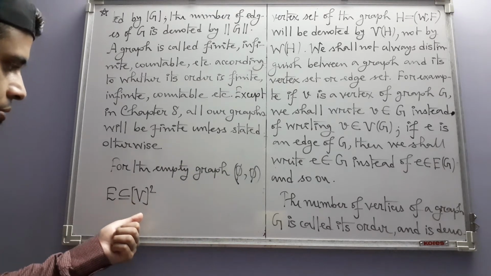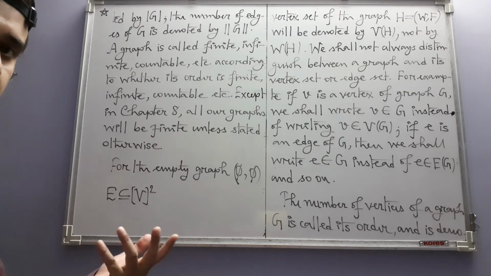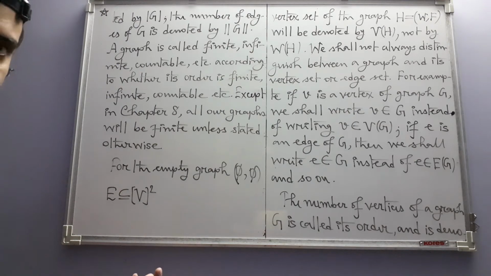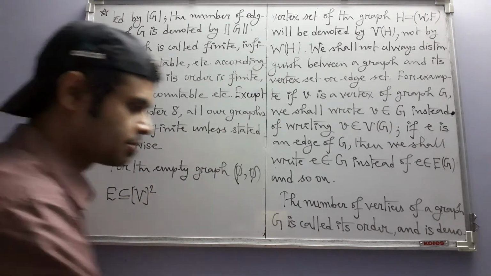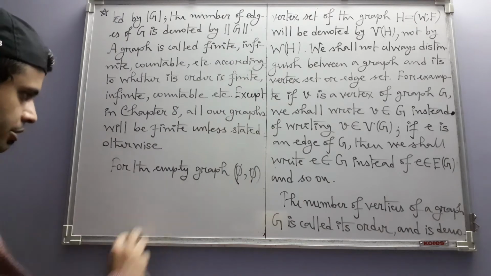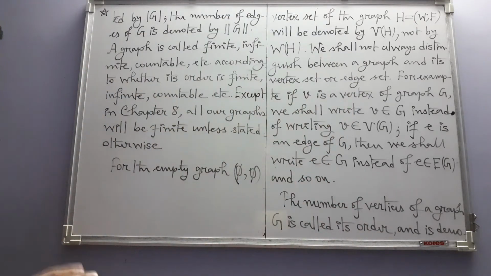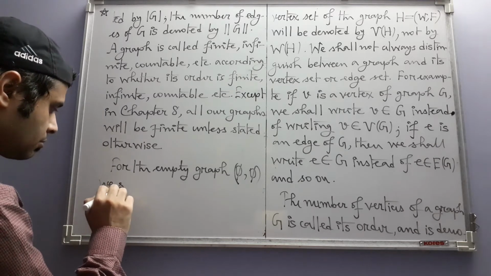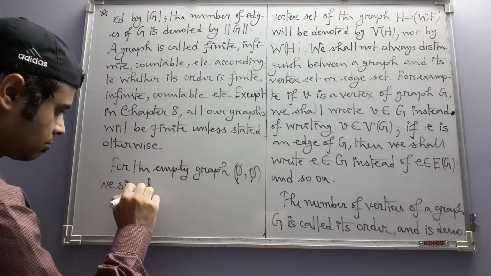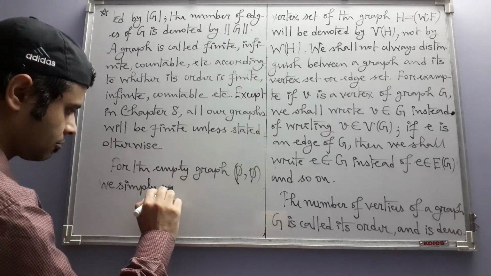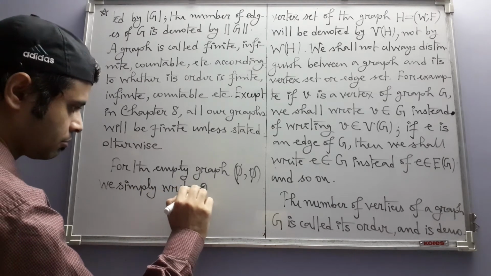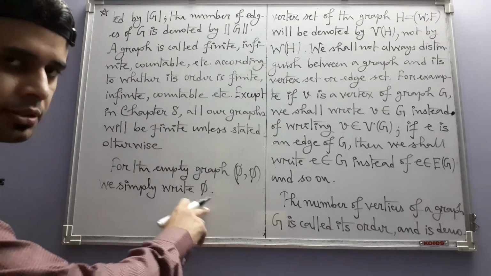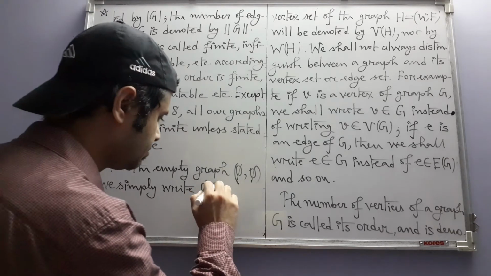Because if V is empty, then the set of two element subsets of V is also empty, and E being a subset of that must also be empty. So we have this possibility within our definition. For the empty graph, we simply write the symbol for the empty set. So when we write this as a graph, it means the empty graph.